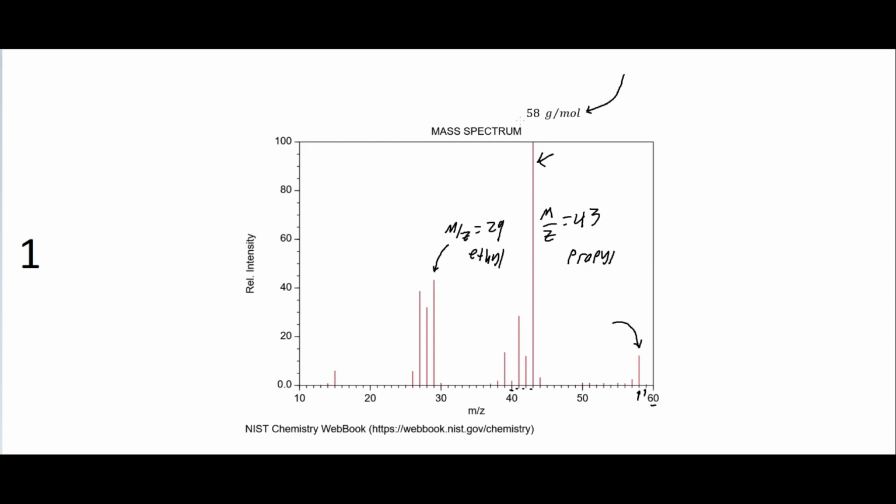We have 58 grams per mole, so that will be something like 4 carbons, so 4 times 12, plus, if we have just 4 carbons, then we will have 10 hydrogens, right? So 10 times 1. This gives us 48, and this gives us 10, which gives us 58. Because we only have propyl and ethyl groups, and nothing larger than that, we are probably dealing with a butane here.